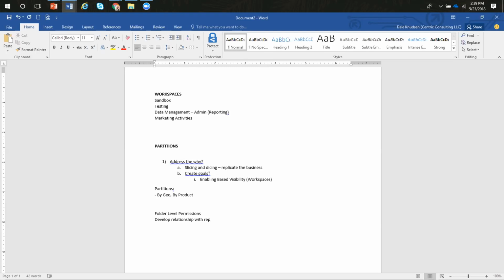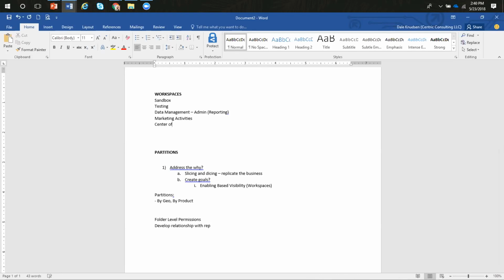Coming to your center of excellence point from earlier, somebody at Professional Services once gave me a really great tip about setting up a workspace for your center of excellence, making it available to share, using shared folders, and then passing that through to different workspaces as needed.